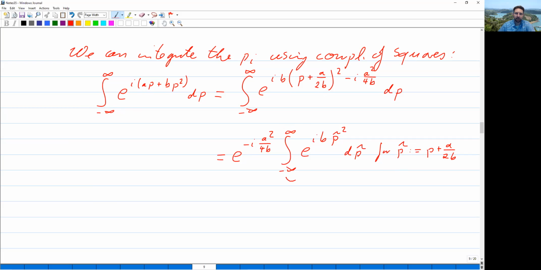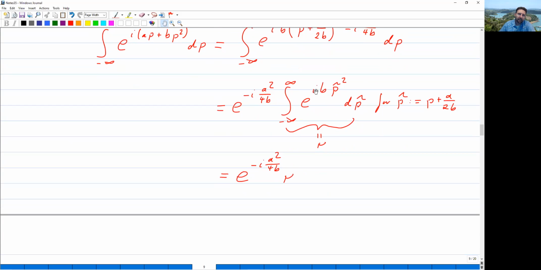And this here is what? Let's give this thing a name. It's called, let's say, mu. Then this is e to the power of minus i a squared divided by 4b times mu. Mu is some sort of constant, right? Now, what is mu?